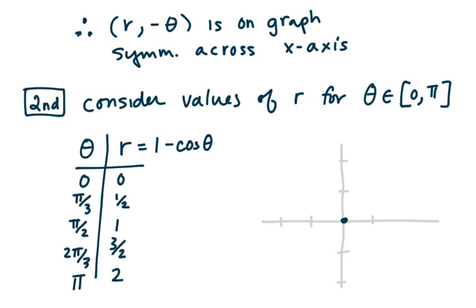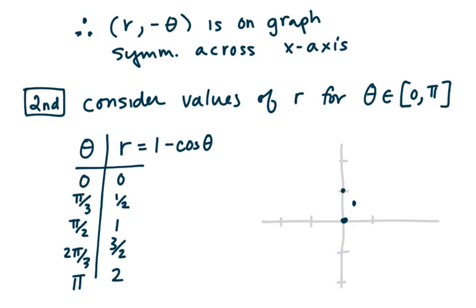0, 0. Pi over 3 would be at a 60-degree angle, about up like this. And at pi over 3, we are up 1/2. So pi over 3, somewhere about there, we're up about 1/2. At pi over 2, which would be 90, we're at 1.